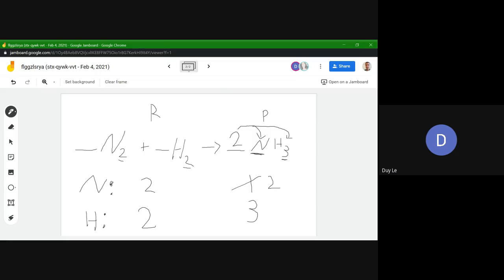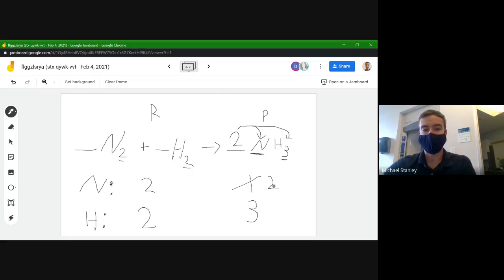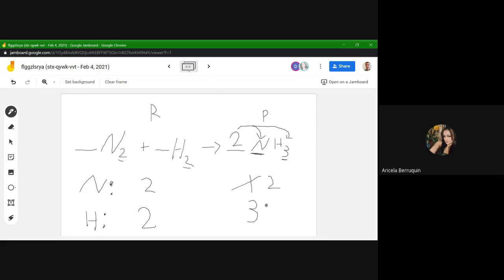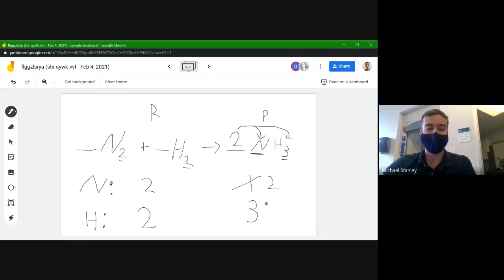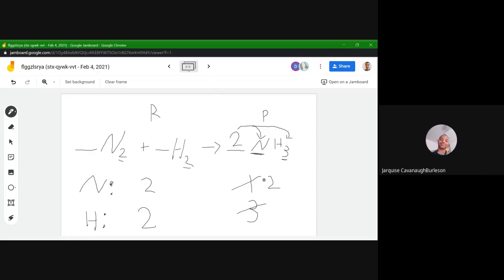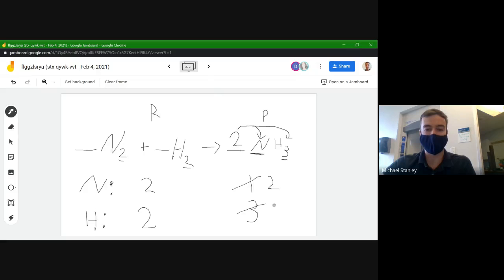We started off with 3. But what happens when we have a coefficient and a subscript that interact with each other? You multiply. 2 times 3, 6. Exactly.